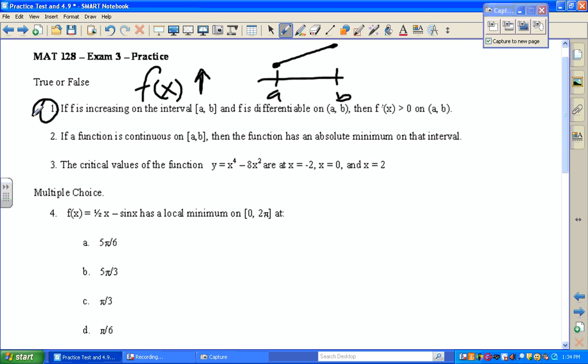If a function is continuous on a, b, and the function has an absolute minimum on that interval. Well, I don't think it has to have a minimum. Yeah, because it could be a constant. Right, that would be considered a maximum and a minimum. I don't know.